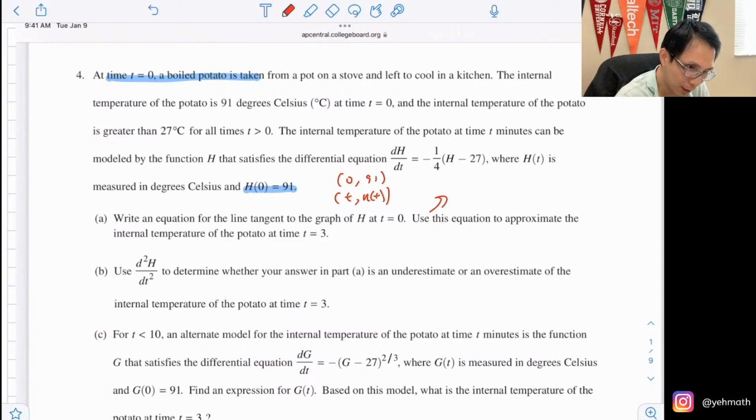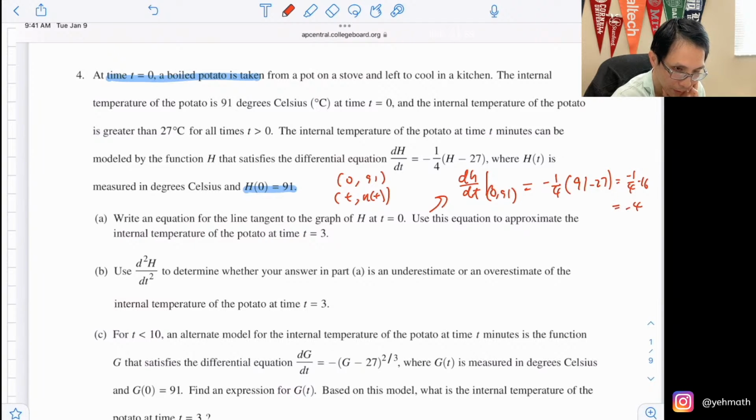So first thing is dH/dt at (0, 91). I'm going to plug in. It's not relevant to t, but it's relevant to the temperature, which is 91 minus 27, which is equal to negative 1/4 times 64, which is equal to negative 16.